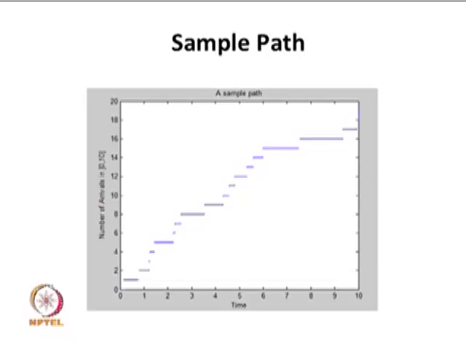If you look carefully at the sample path, you can see the increment is always by 1 over time, and there are no 2 or more arrivals in a very small interval of time. And you can see the inter-arrival time is going to be exponentially distributed with the parameter lambda, whatever lambda I have chosen in this sample path. So, this is the way the sample path of the Poisson process looks.